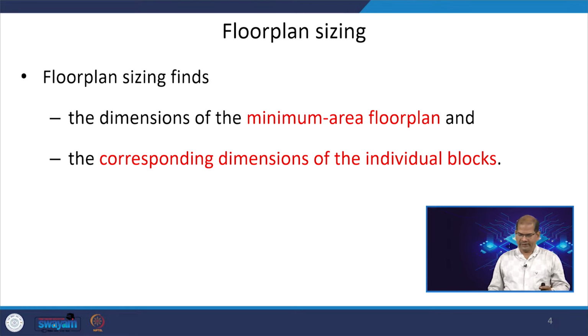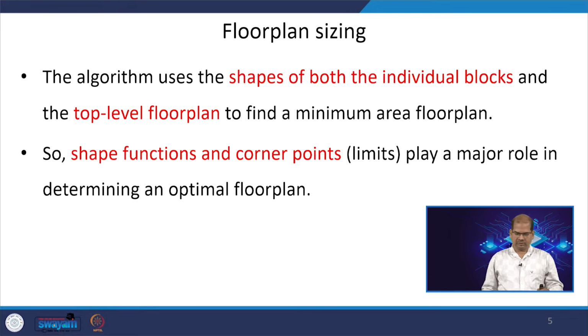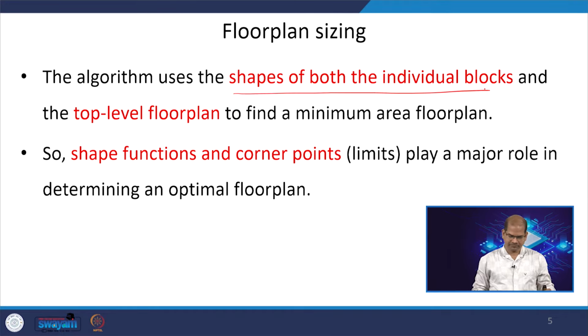Whenever I am doing floor plan sizing, it finds the dimension of the minimum area floor plan, and it also finds the dimension and orientation of each individual block. This floor plan sizing algorithm uses the shapes of individual blocks and the top level floor plan to minimize the total area of the floor plan.